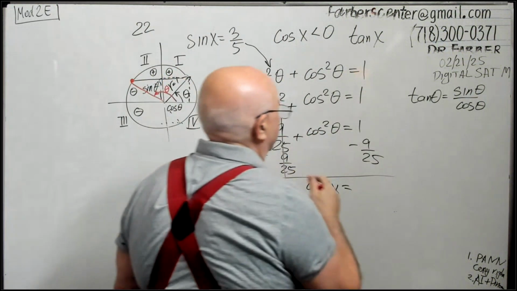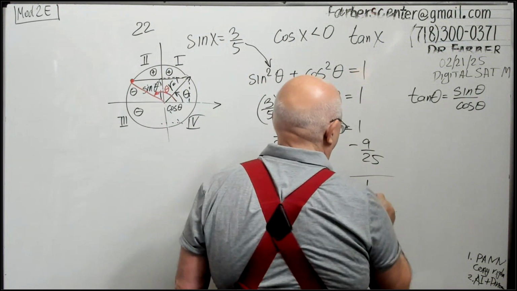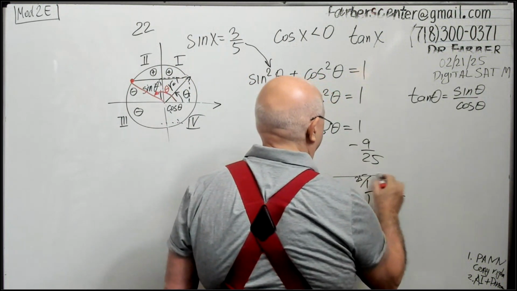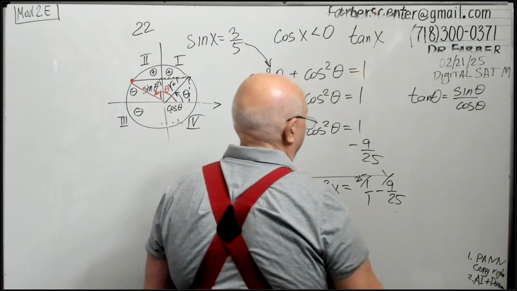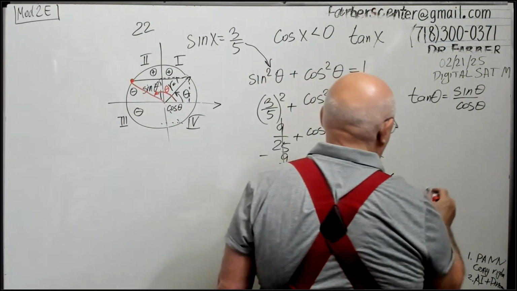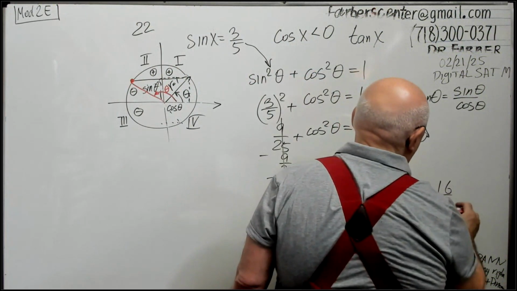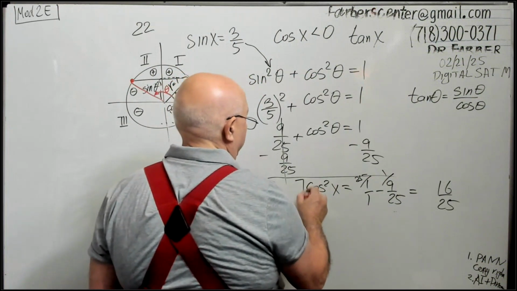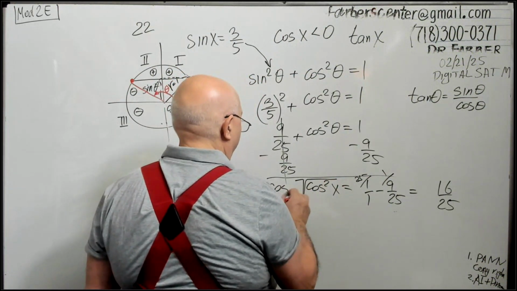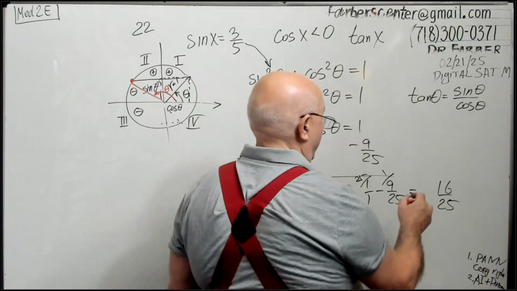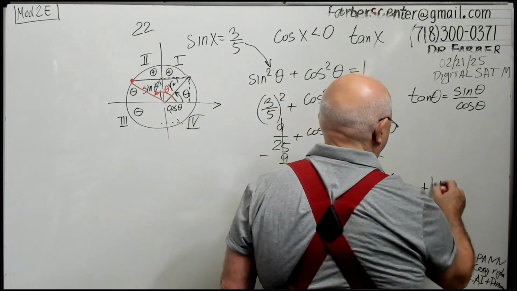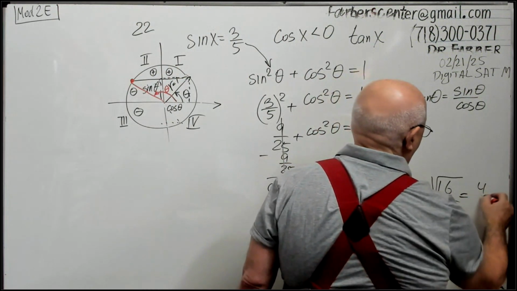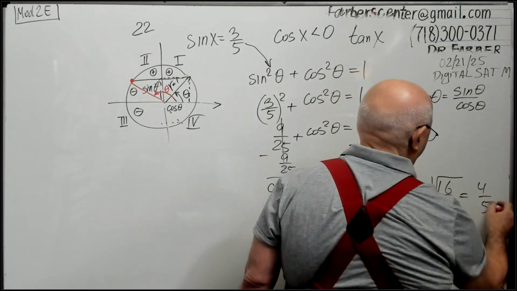Equals 1 minus 9/25. 1/1 minus 9/25, LCD is 25. 25 minus 9 is 16/25. And I need to find the square root of both parts. I get cosine of x equals plus or minus square root of 16/25, or 4/5, plus or minus.